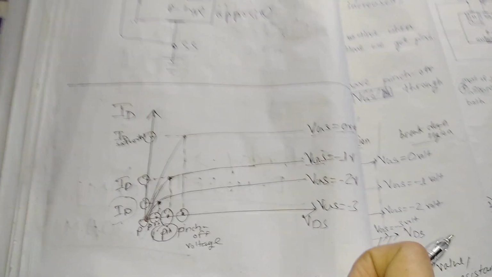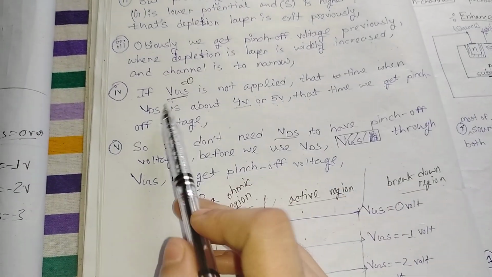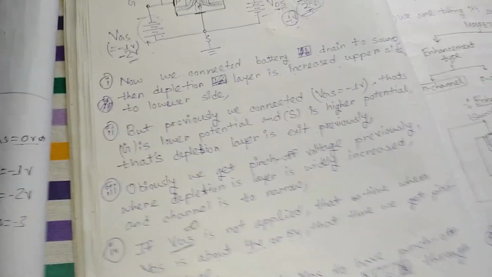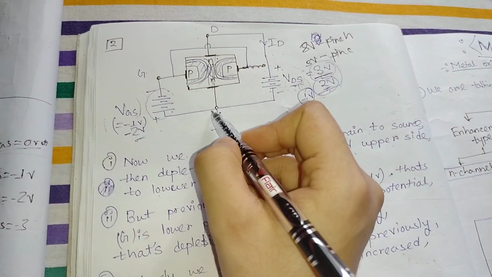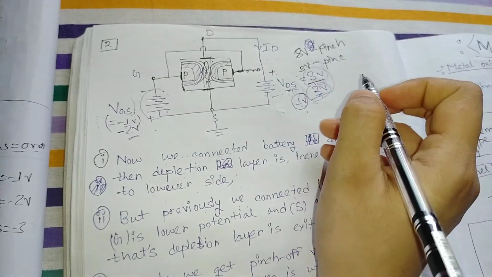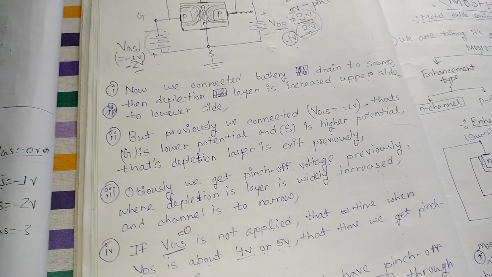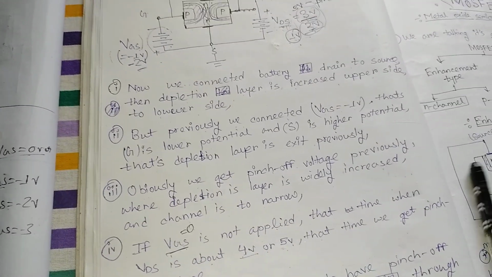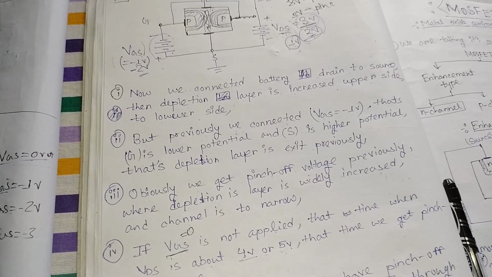So in this condition we can say that if we apply some value of VGS, we get the pinch off voltage before we increase VDS much. So this is the working principle of JFET, with two conditions: one I discussed in the previous video, and this is the second condition. Thank you.